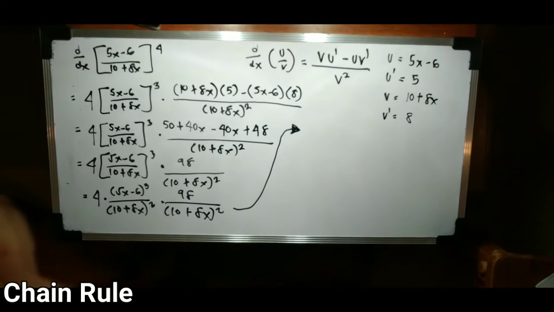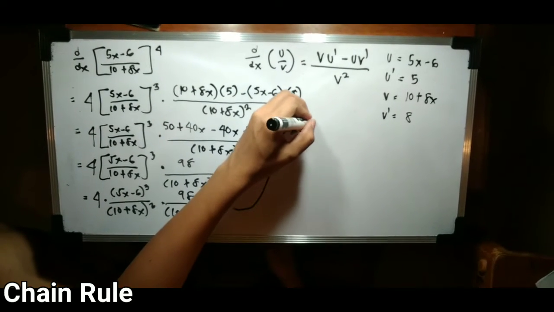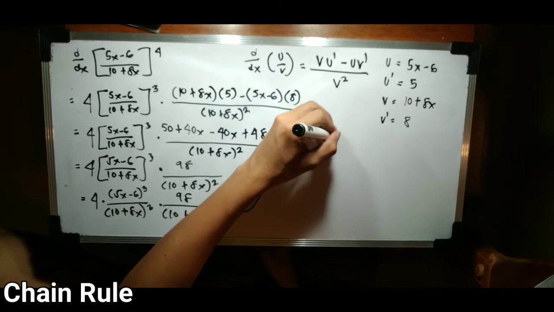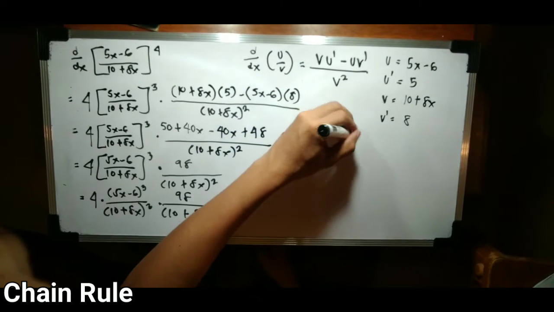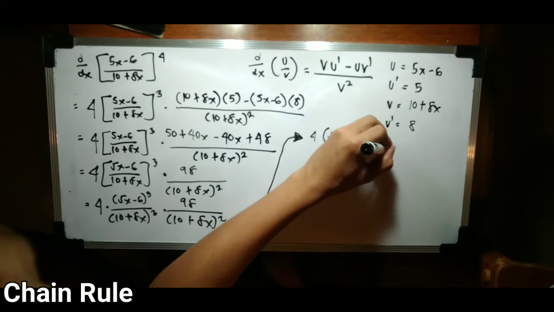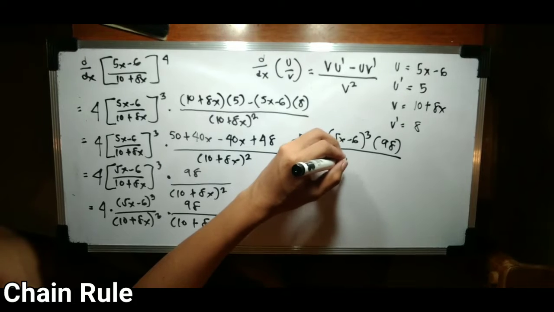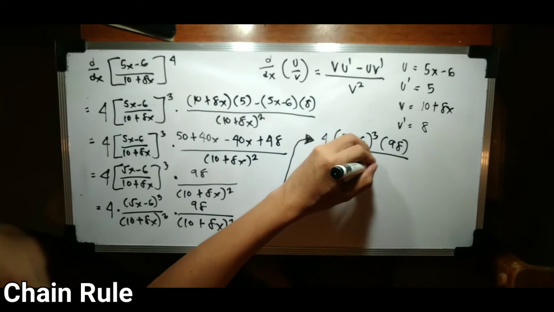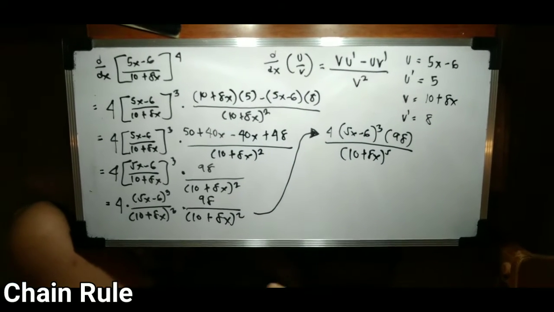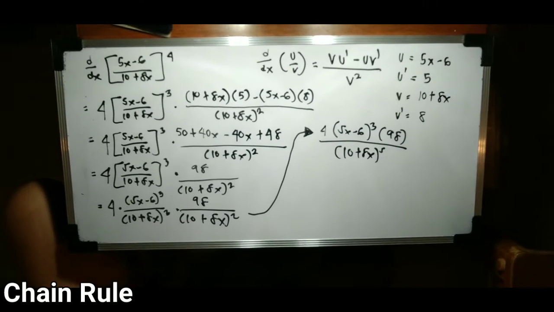So now we can rewrite this as 4 times 5x minus 6 raised to 3 times 98 all over 10 plus 8x raised to 5. This will become 5 due to the fact that we will add their exponents because they have similar bases.